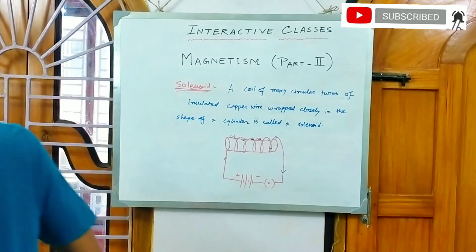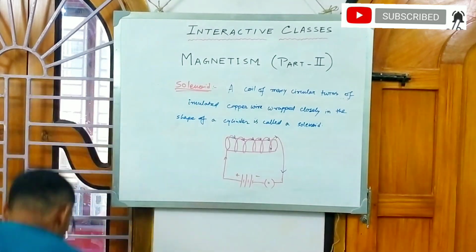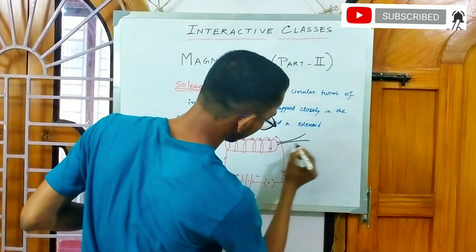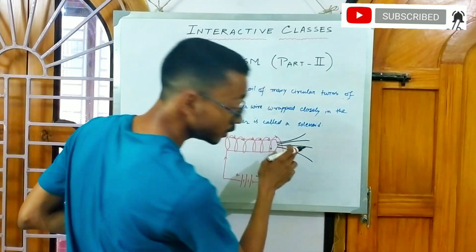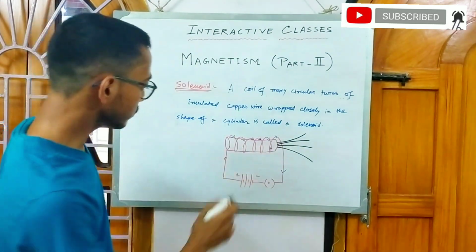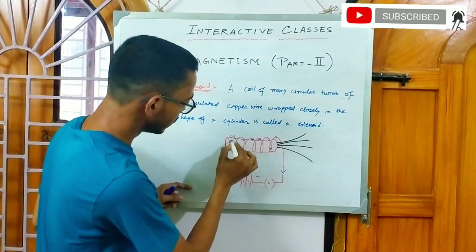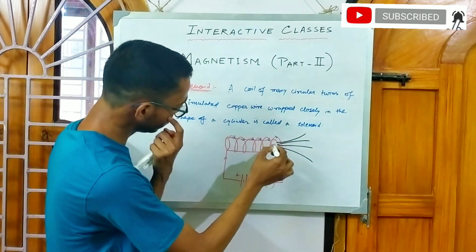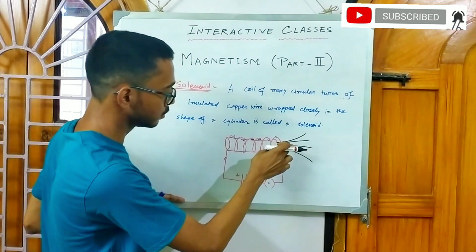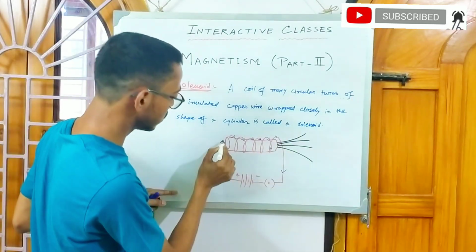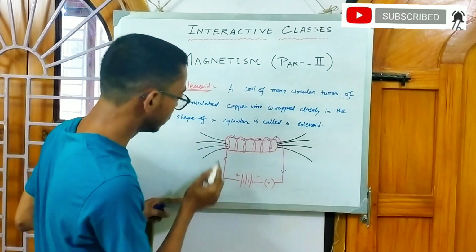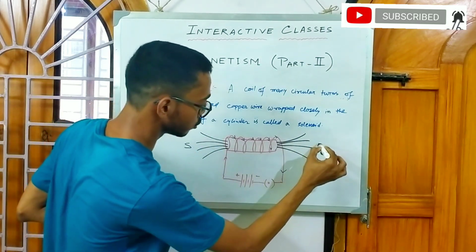The magnetic field lines are like this. This is the north pole because the current is flowing in this direction. So the field emerges from this part on the right hand side and ends in the left part. That means this is the south pole and this is the north pole.